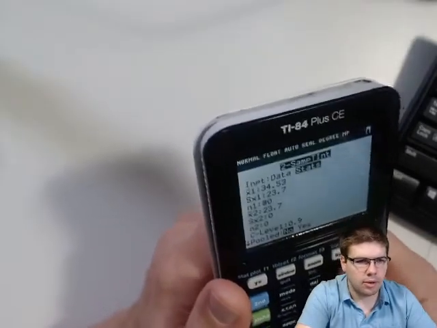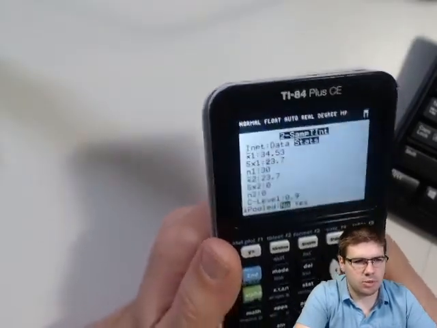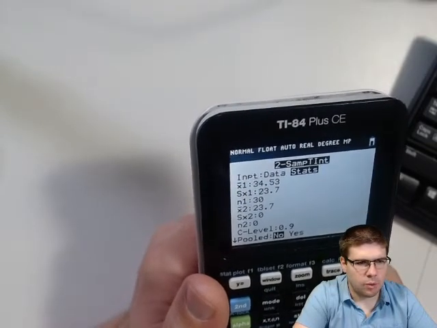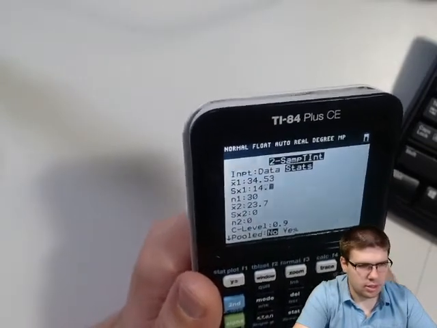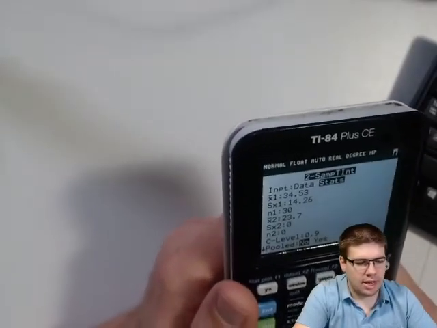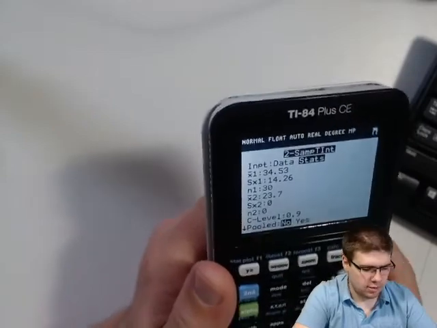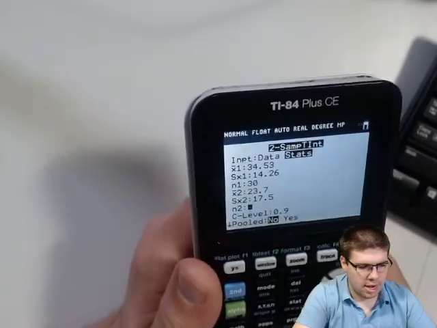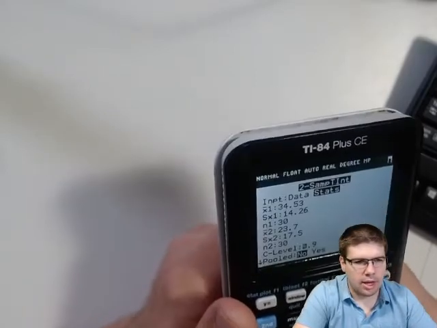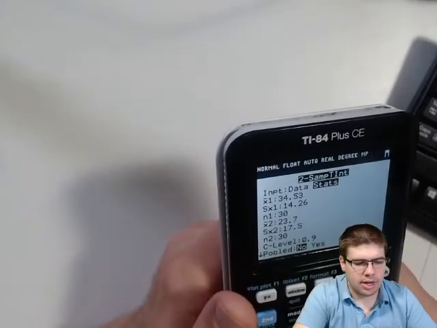Crap, I did that wrong. All right, so this standard deviation was not 23.7. It was 14.26. And then this standard deviation was 17.5. And this sample size was 30 as well. And then we're choosing a confidence level of 90%.